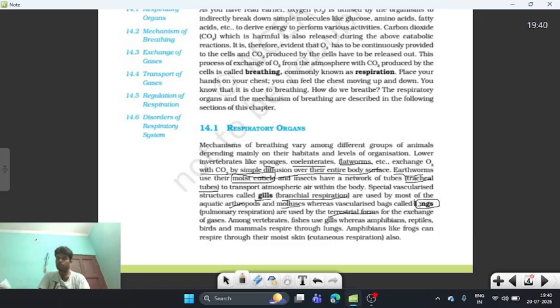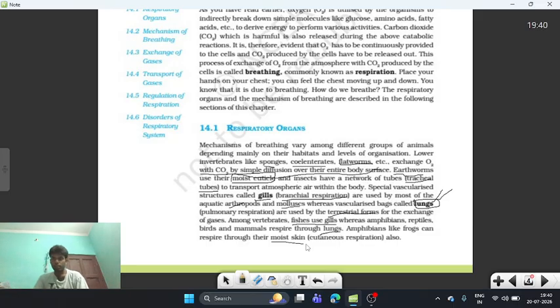Now, our most important topic in this chapter is lungs, because we use lungs, nothing else. Among vertebrates, fishes use gills, whereas amphibians, reptiles, birds and mammals respire through lungs. An amphibian like the frog can respire through its moist skin also, which we discussed in the frog part, when they are in water.